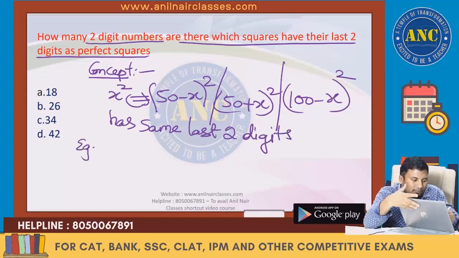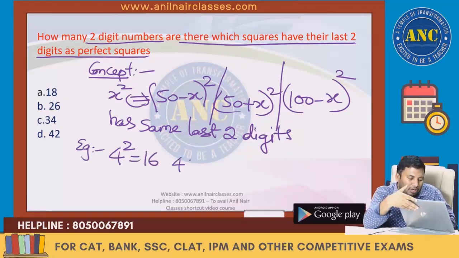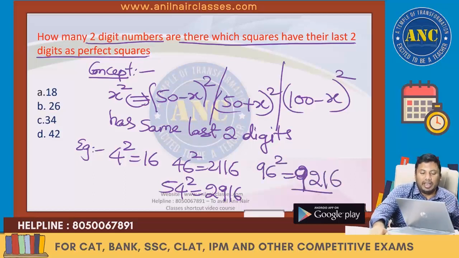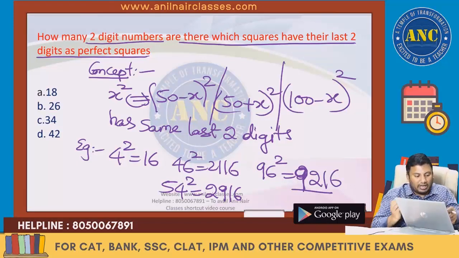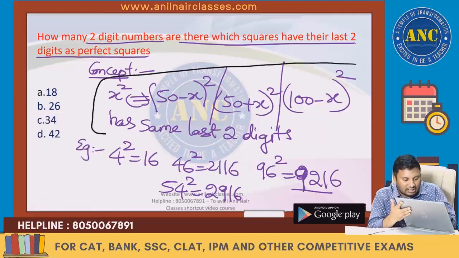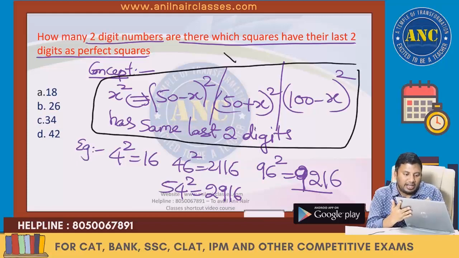Example, 4 square is 16, 50 minus 4, 46 square, which is 2116. 50 plus 4, 54 square, 2916. 100 minus 4, 96 square, which is 9216. Same last 2 digits. Please write down this point.